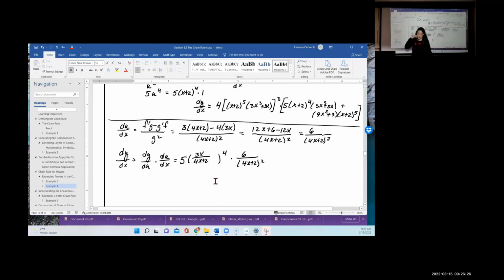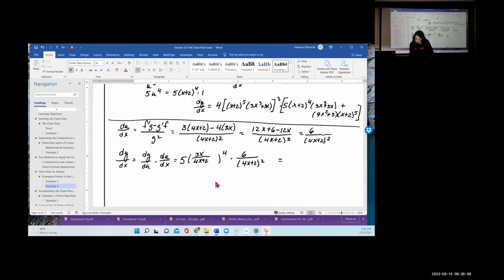Now, there are some ways to simplify this a little bit and rewrite it in various forms. You can move the 6 and the 5 together. That would give you 30. You could split the power of 4 and put it on the 3x and on the 4x plus 2. That would give you 4 of the 4x plus 2 in the denominator plus 2 more, which would give you 6 total.